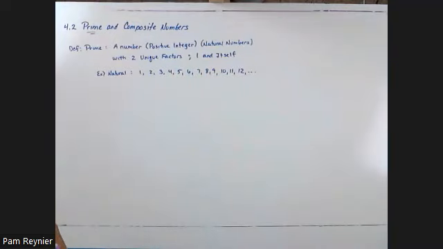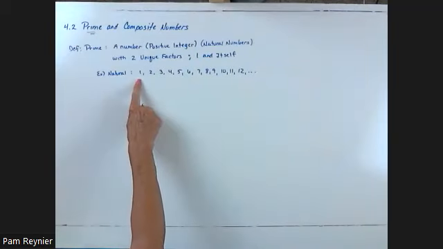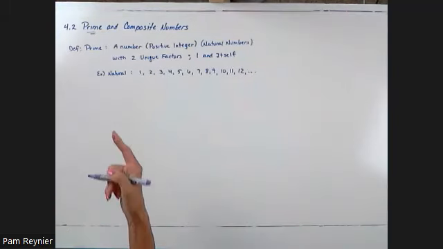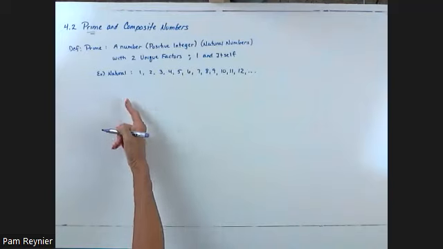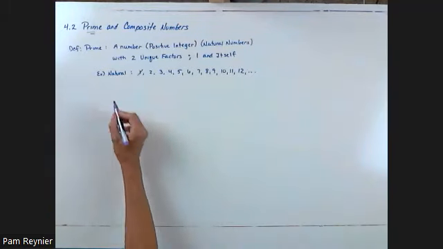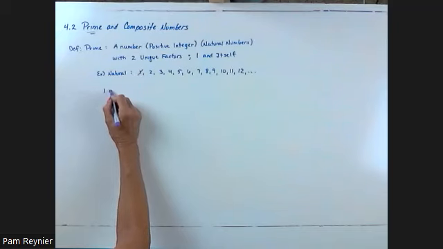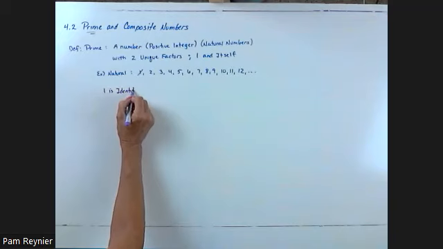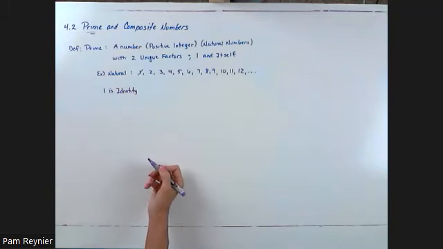So if I look at that definition, is 1 a prime number? Well, the answer is no, because the only factors that go into 1 are 1 times 1. So 1 is not prime. 1 is called the identity, and 1 is just simply 1.